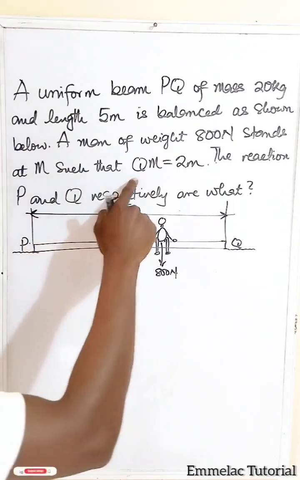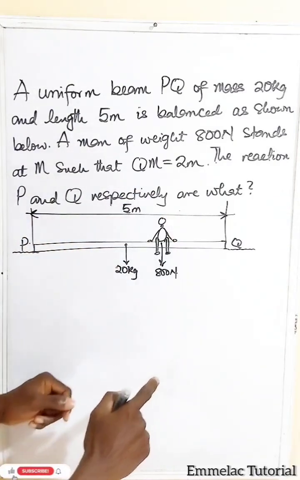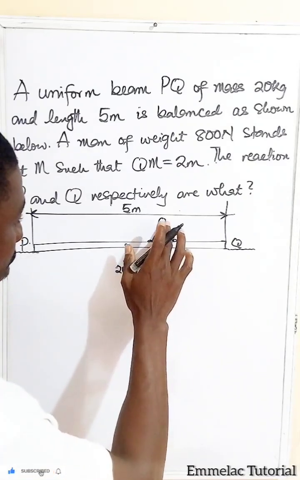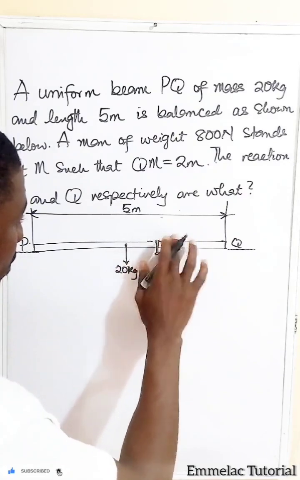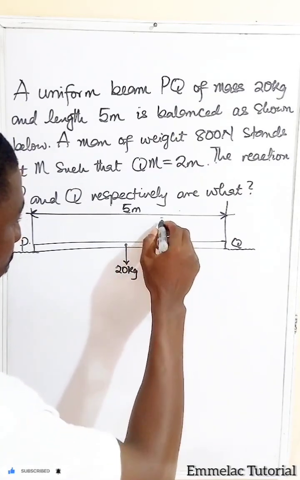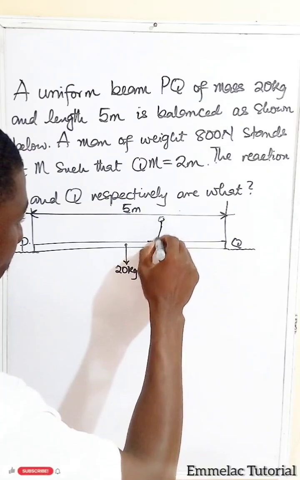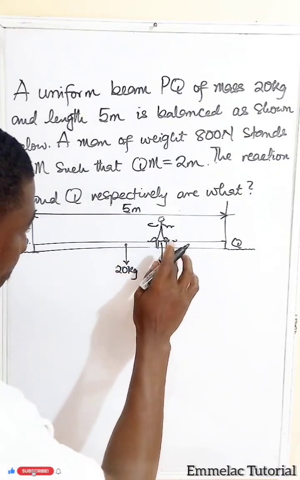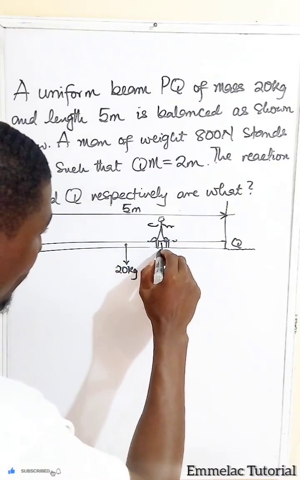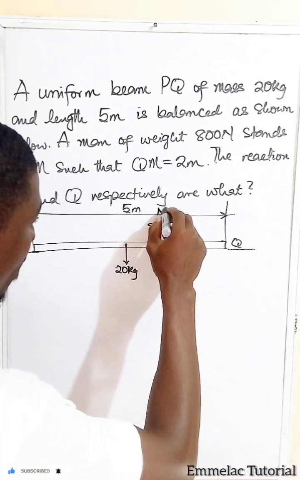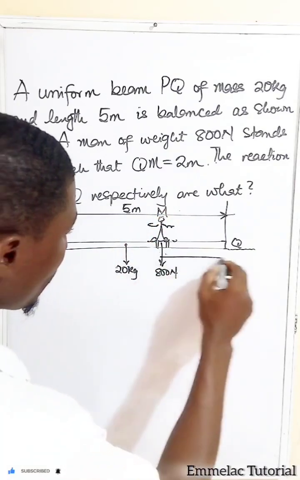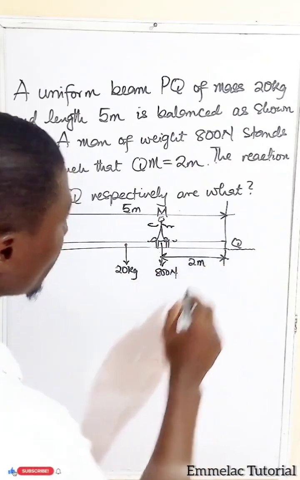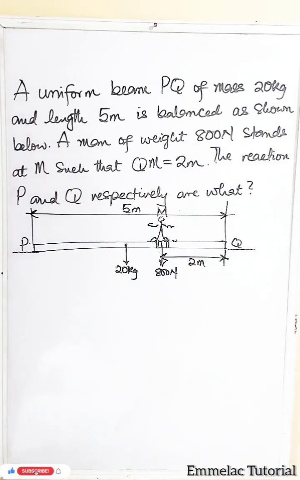Now such that QM is 2 meter. So at this point here, it is M. From M to Q is 2 meter.